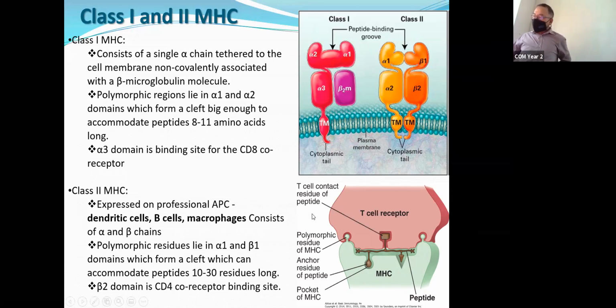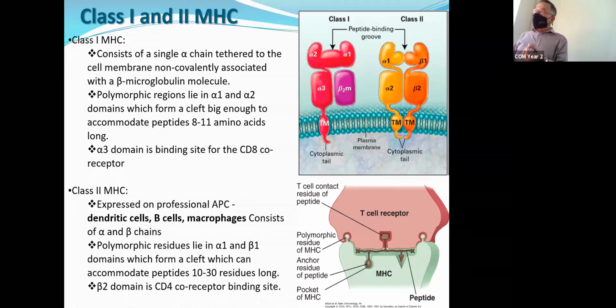And correspondingly, the T cell receptor, based on its structure, must also accommodate the correct amino acid region of the peptide, but also has to accommodate various structures on the MHC to be able to give you a close fit.